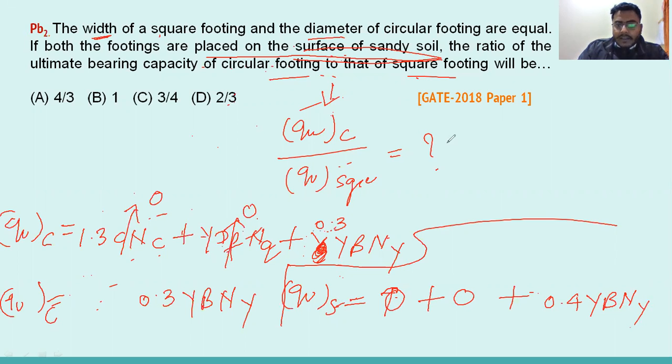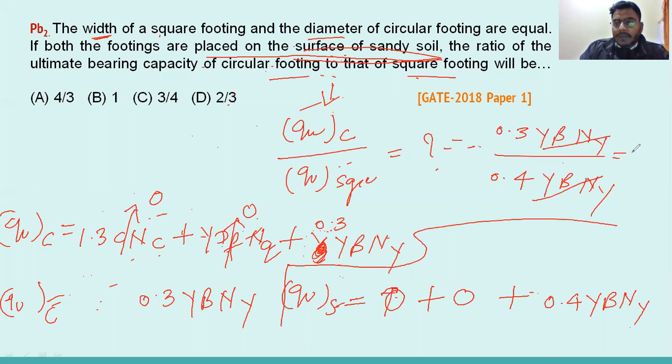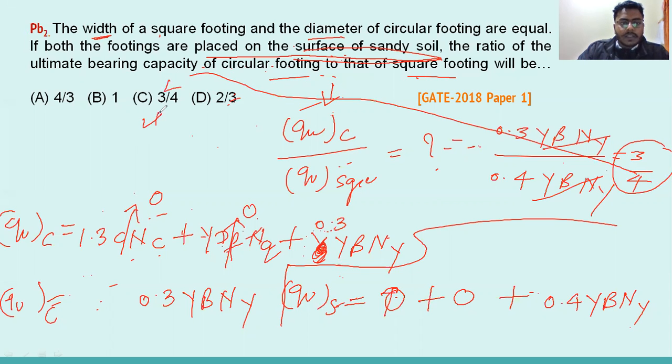So directly we can write 0.3 gamma B N gamma divided by 0.4 gamma B N gamma. This will cancel, so by simplifying it will come to 3 by 4. So you can select option C. Here the C option is correct.